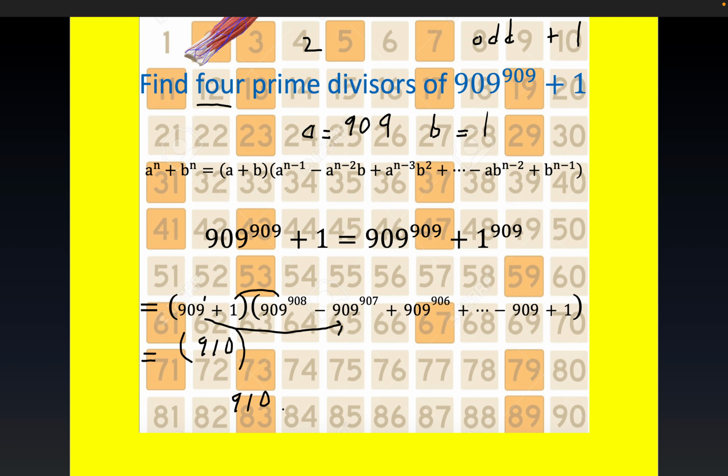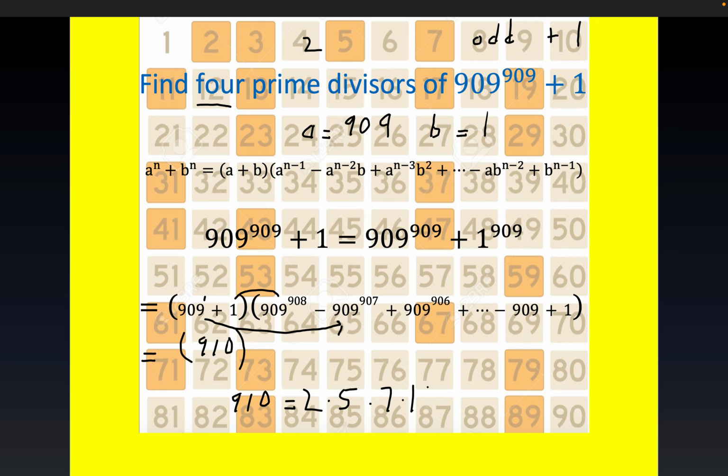But 910 is also divisible by 5. Now notice it's not divisible by 3 because the sum of the digits is not divisible by 3. 9 plus 1 is 10. That's not divisible by 3. So we know we have 2, we have 5. And also this is very favorable for us. We don't have to do anything too fancy because 7 times 13 is 91, right? So you can just write down 7 times 13 and you're done with the problem.